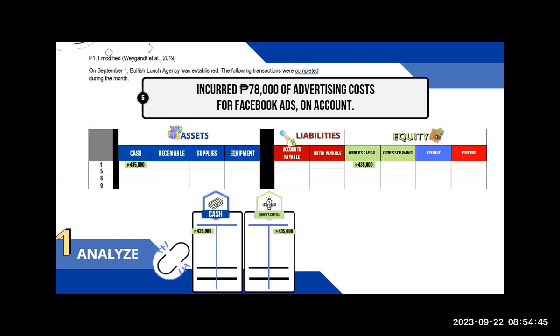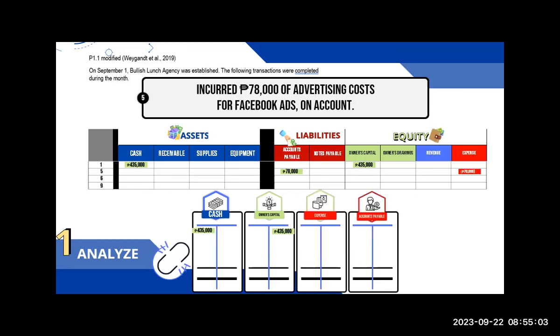Next, nag-incur ka ng 78 advertising costs. That would be an increase in your accounts payable kasi on account. So may utang ka na 78 and then may expense ka of 78. What happened? So first step, okay, natamaan si accounts payable and expense, gumawa tayo ng T accounts. Next is expense.